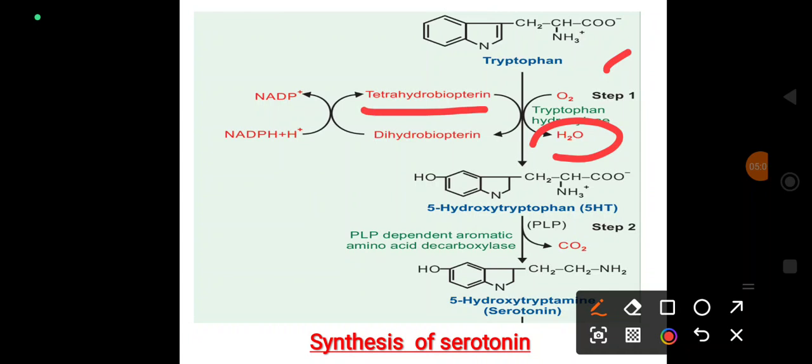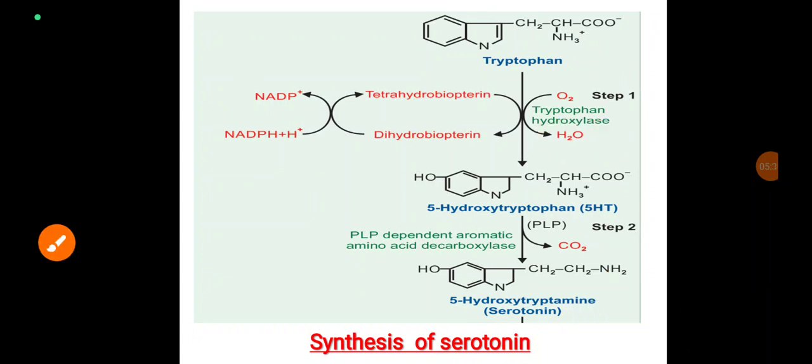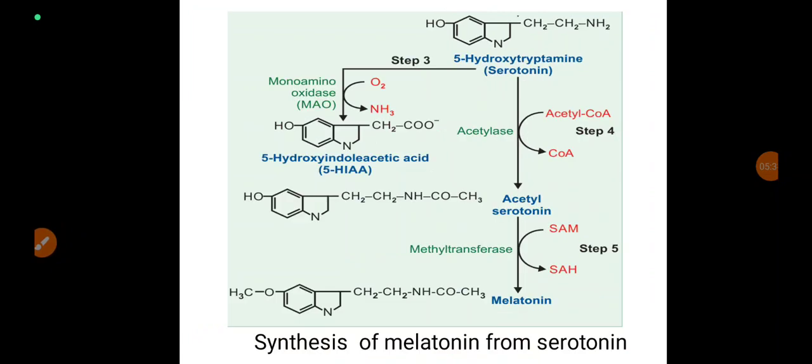This tetrahydrobiopterin gets converted into dihydrobiopterin. This dihydrobiopterin, along with NADPH plus H plus, releases NADP and again becomes tetrahydrobiopterin, which helps to convert tryptophan to 5-hydroxytryptophan. This 5-hydroxytryptophan, in the presence of pyridoxal phosphate, by decarboxylation gives you serotonin, which is otherwise called 5-hydroxytryptamine.